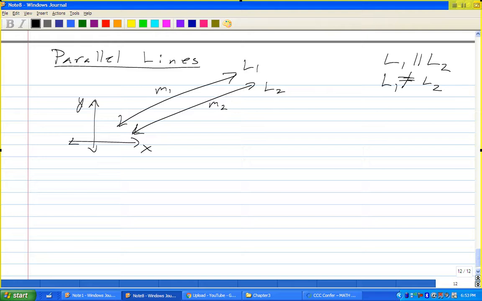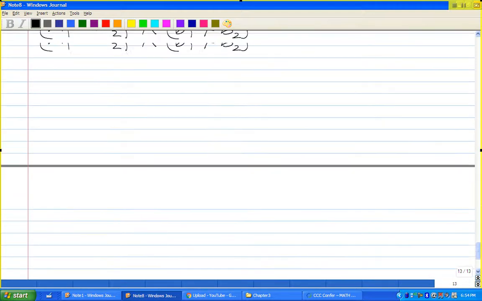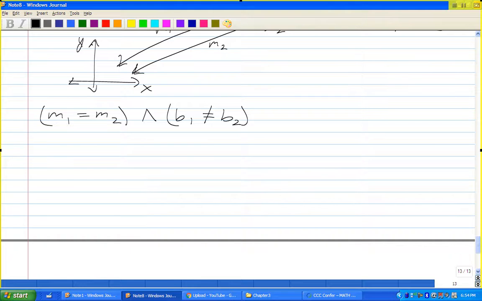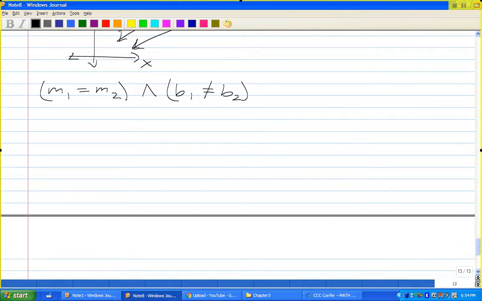So in this case, the two slopes are the same, but they're different lines. So let's say that their y-intercepts are different. Of course, if they're vertical lines, then we'll have to say their x-intercepts aren't the same.